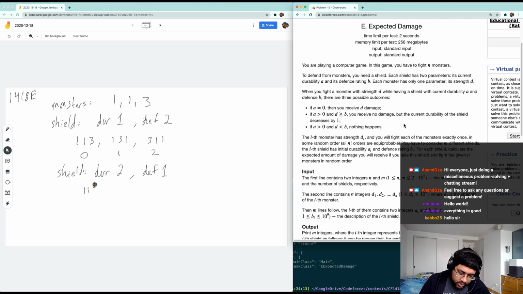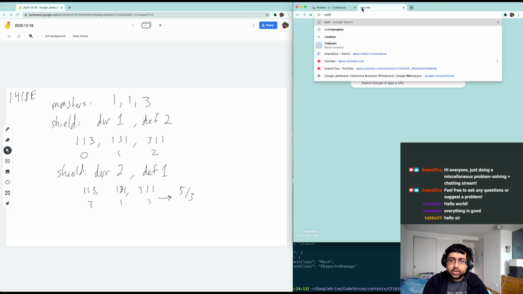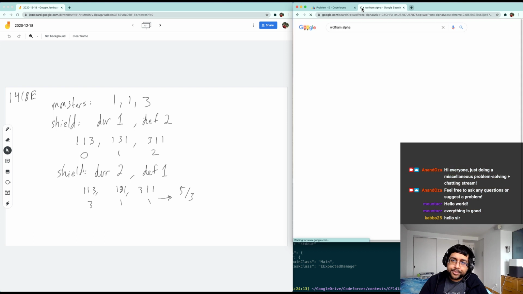So if it's 1, 1, 3, 1, 3, 1, or 3, 1, 1, here you'll take 3, here you'll take 1, and here you'll take 1. And then that gives you an expected value of 5/3, which we can check on Wolfram Alpha.